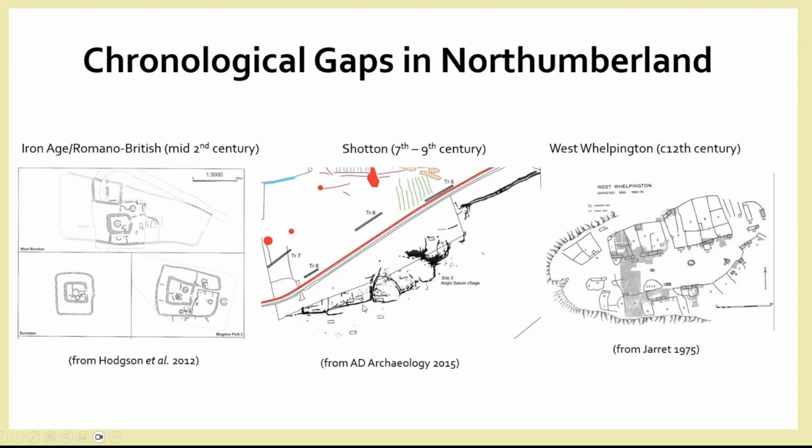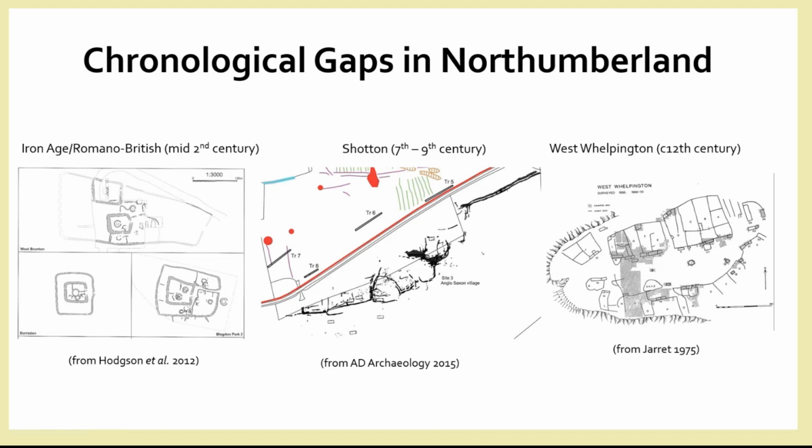We've got a bit of a gap then, obviously, up until the 7th century, where we've got an early medieval settlement complex at Shotton, with unenclosed halls and enclosed halls. Then it seems to have gone out of use in the 9th century at Shotton.